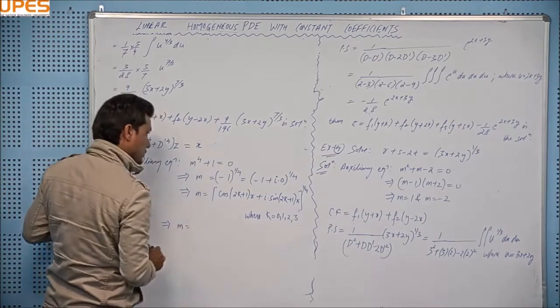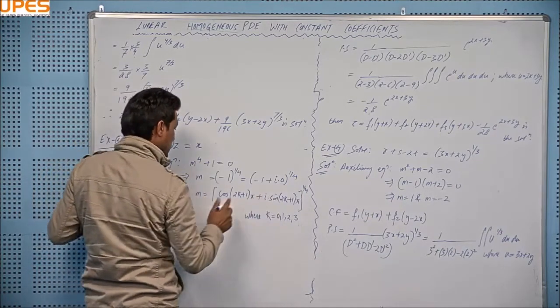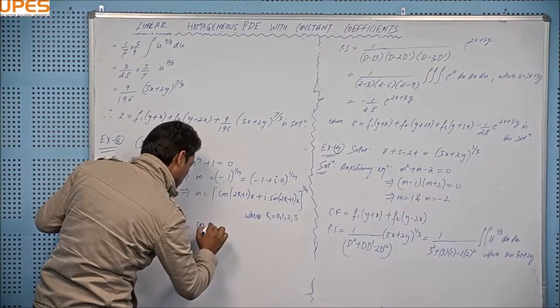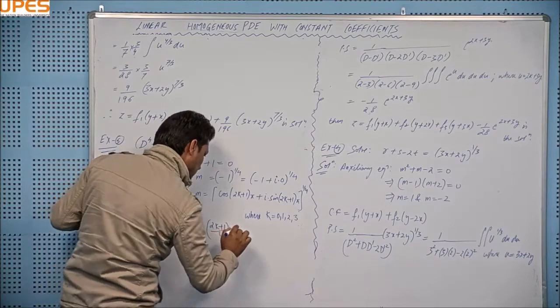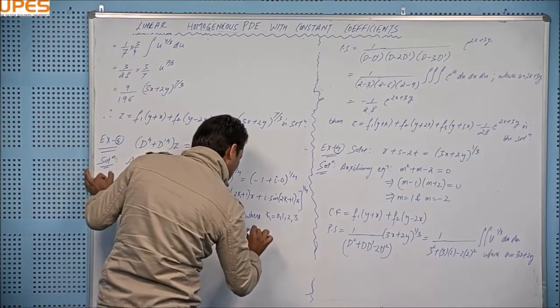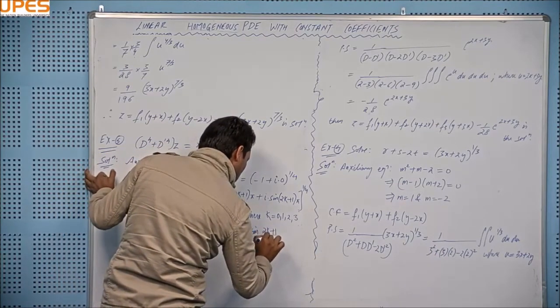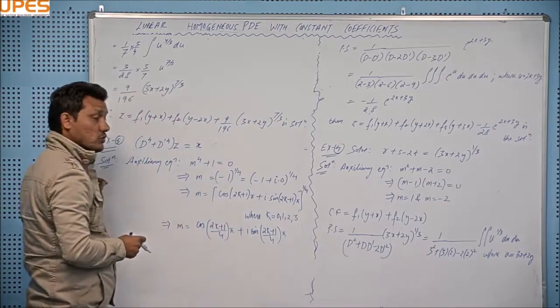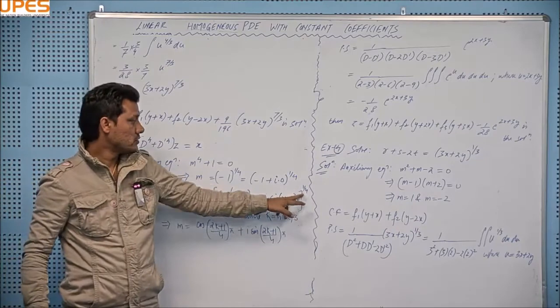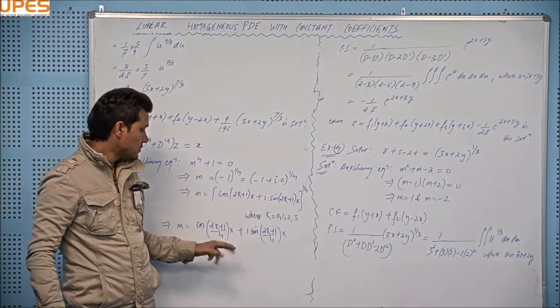M is equal to, and this 1 by 4 goes here, this will become cos (2k plus 1) by 4 pi plus iota sine (2k plus 1) by 4 pi, by using De Moivre's formula, where the power goes into the angle, right?